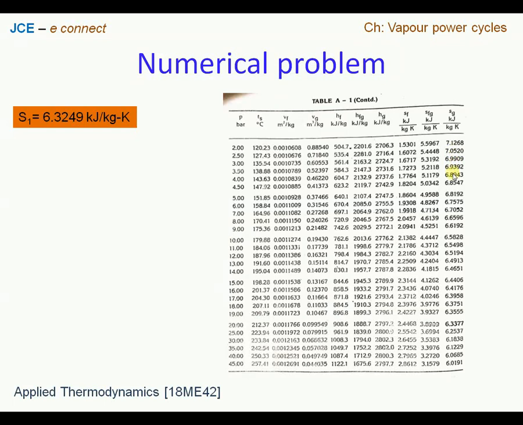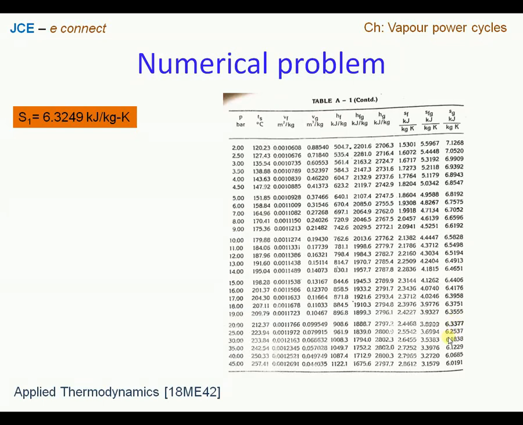So we have 6.89 kilojoule per kg Kelvin. We proceed further because that is not matching the given entropy value. Then we come across 6.37, which is close to this value. Proceeding further, this is 6.35, and we are much closer. Then we come to 6.33, and the next point is 6.25.